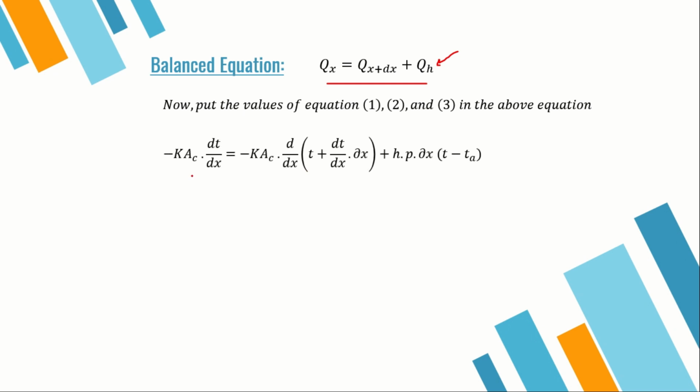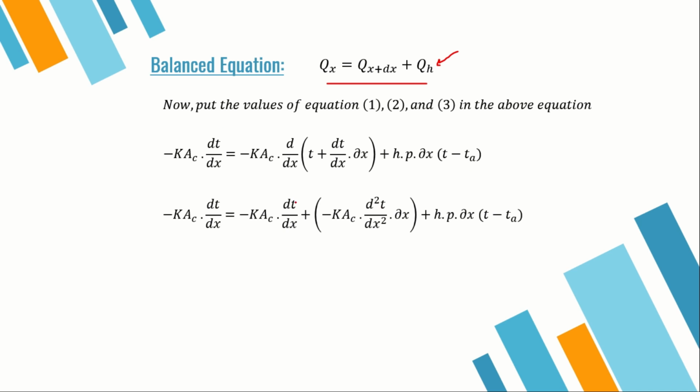So the equation becomes -K Ac dT/dx is equal to -K Ac d/dx (T plus dT/dx times delta x) plus h P dx (T minus Ta).